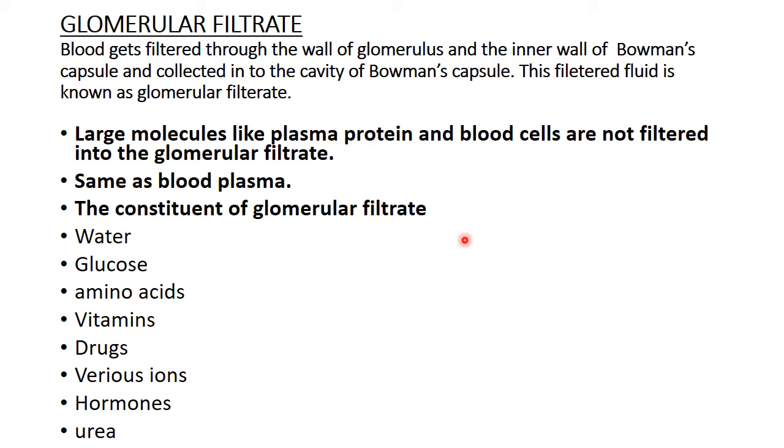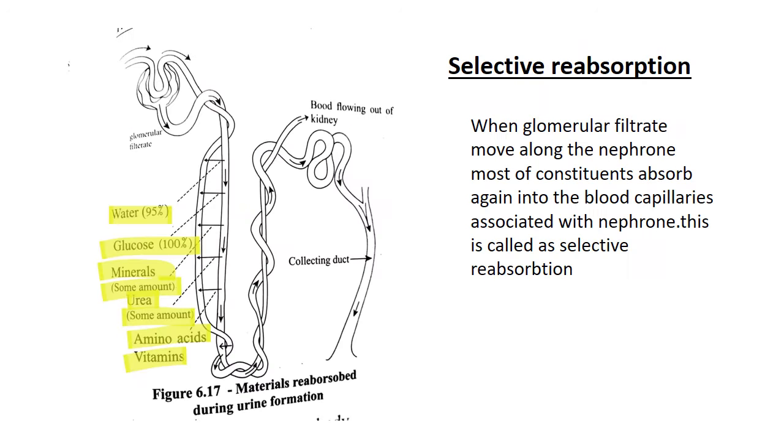Because when we learn about blood tissue, there are two parts, blood plasma and blood cells. This filtered fluid is the same as blood plasma, with no blood cells in the filtrate. And what are the constituents of glomerular filtrate? Water, glucose, amino acids, vitamins, drugs, various ions, hormones, and urea.